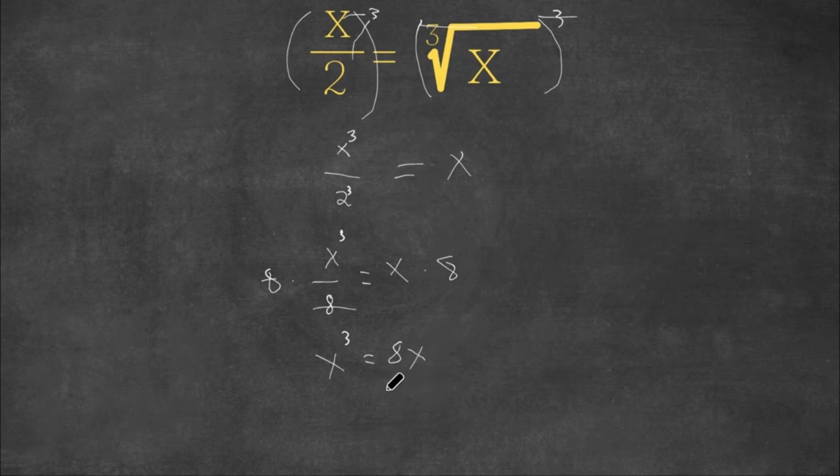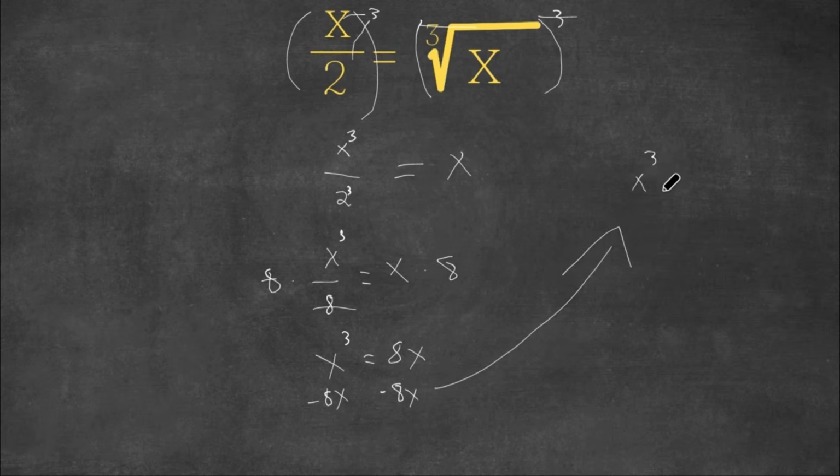So now we're going to subtract 8x on both sides. This would give us x to the power of 3 minus 8x equals 0.